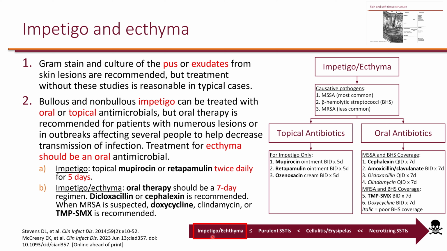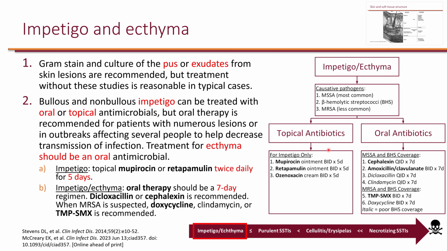So impetigo is, relatively, the least severe type of skin and soft tissue infection compared to other types. Now, gram stain and culture of the pus are recommended, if available, but treatment without these is also reasonable.